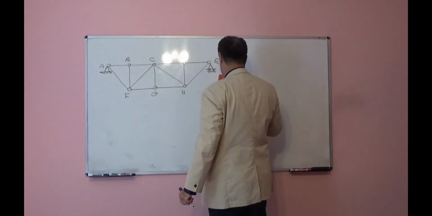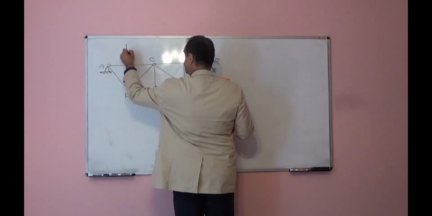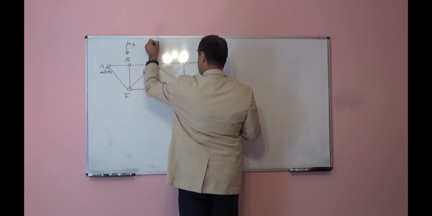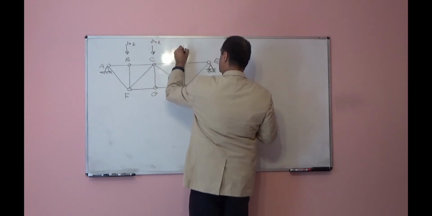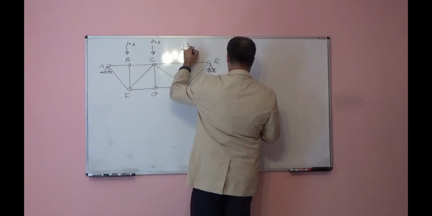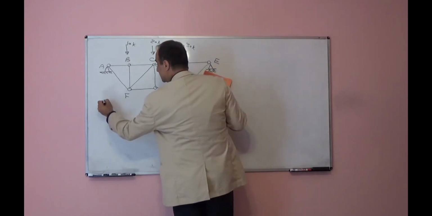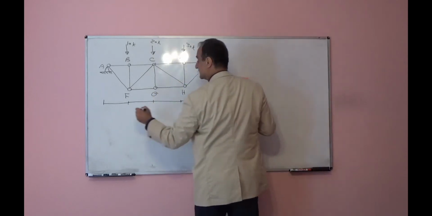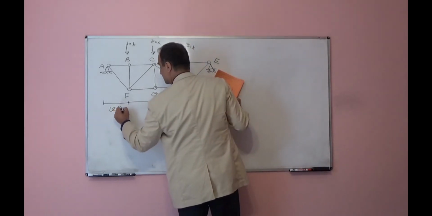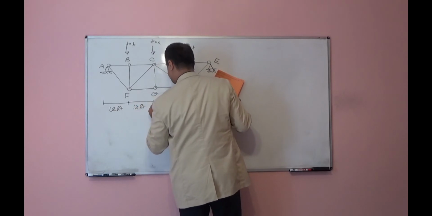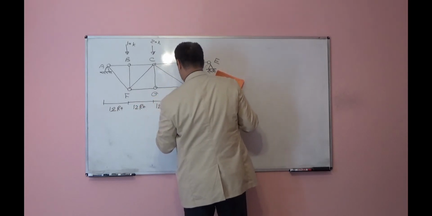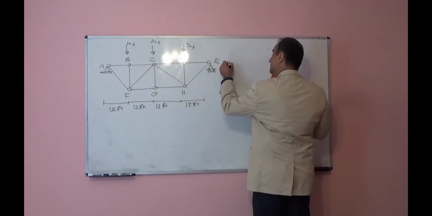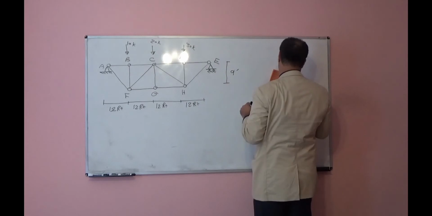This truss is subjected to external loads of 10 kips, 20 kips, 30 kips, and the length for each of these is 12 feet, and the height of the truss is 9 feet.